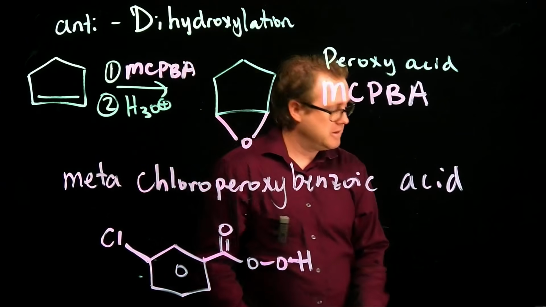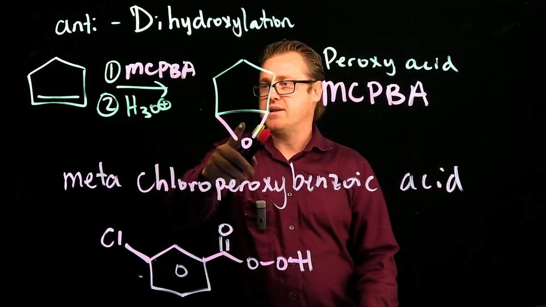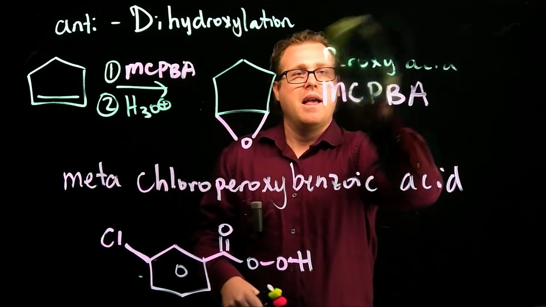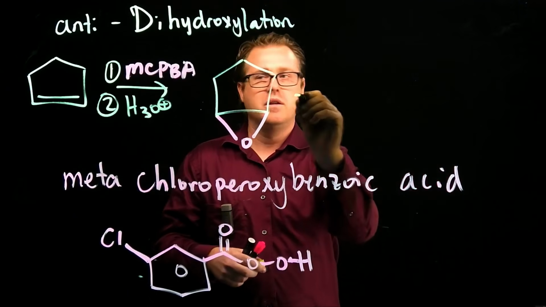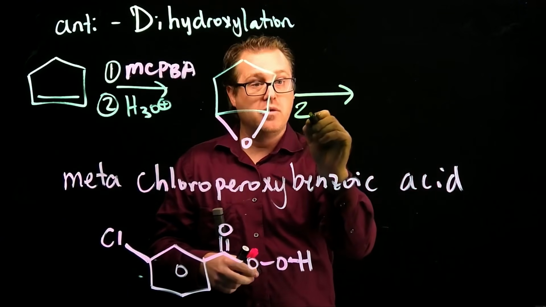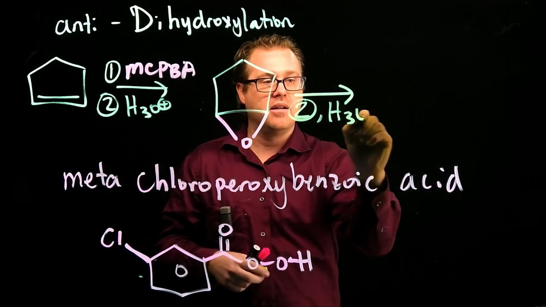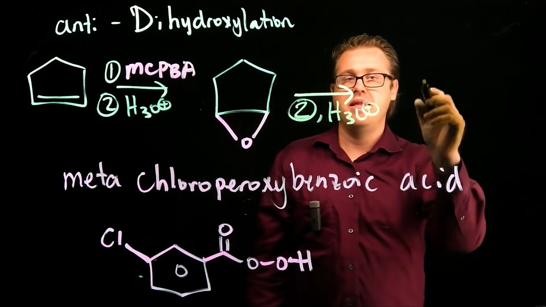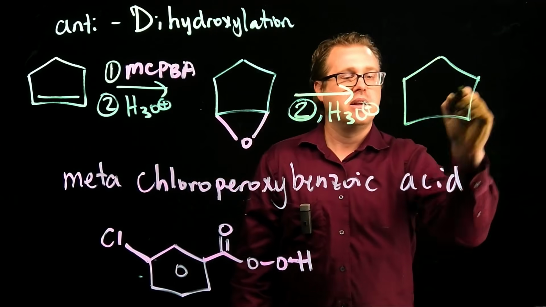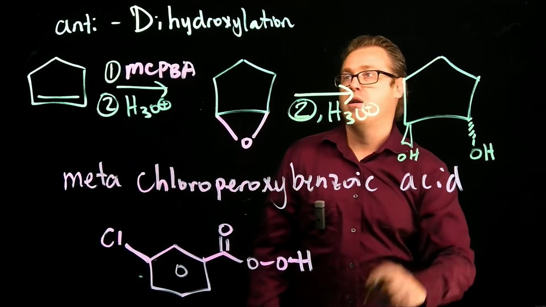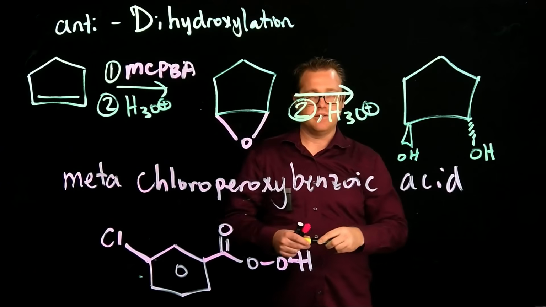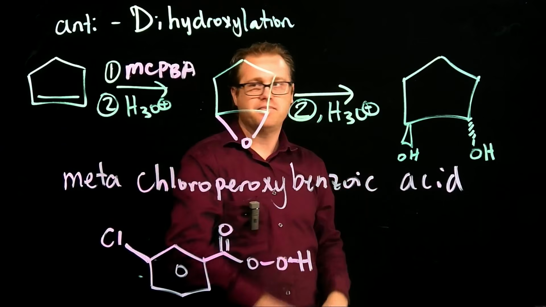Epoxide. There you go. It makes an epoxide. And then after you make the epoxide, you do step 2, which is adding the aqueous acid, and then that will turn it into our product like that. So it goes in stepwise.